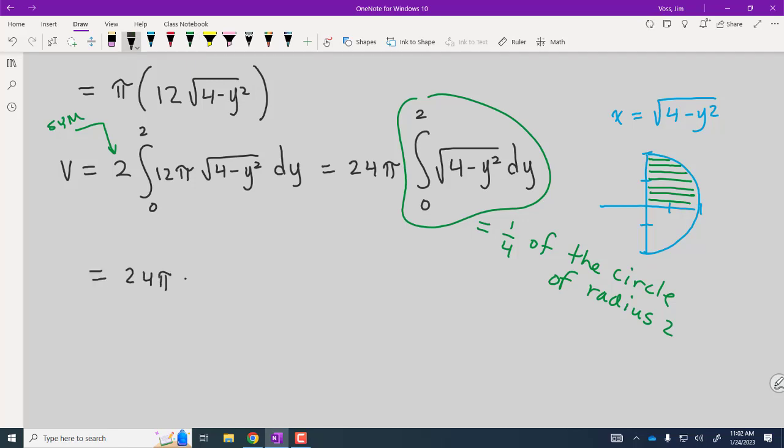Area of a circle is pi times the radius squared, but we only want 1/4 of that circle, so we divide by 4. So this is the volume of the torus. That is it.